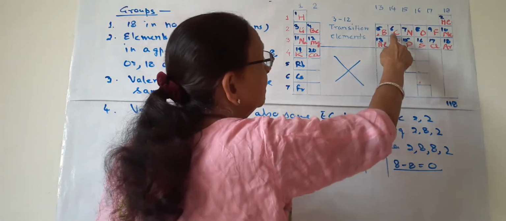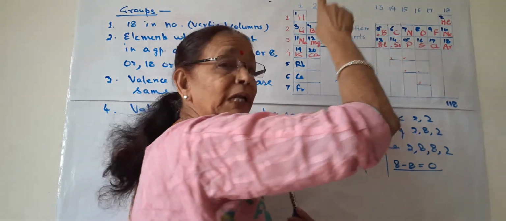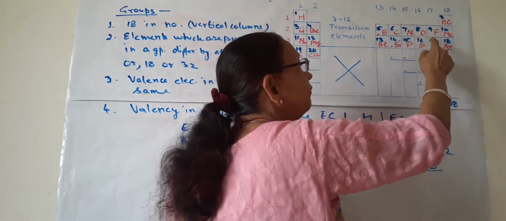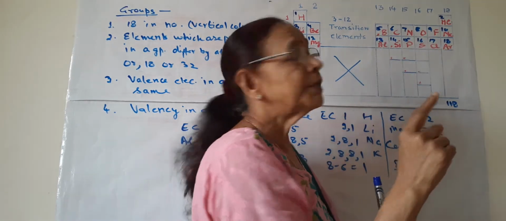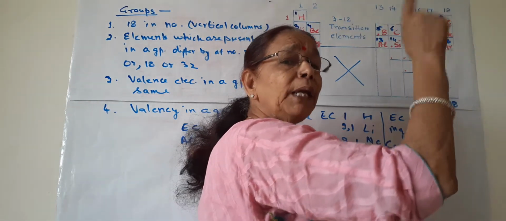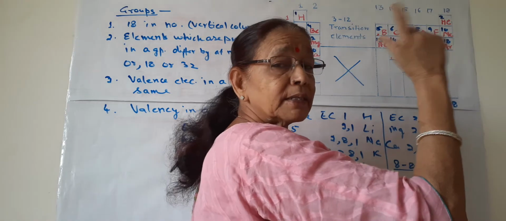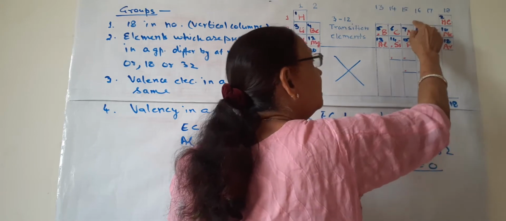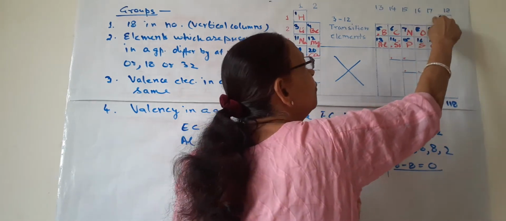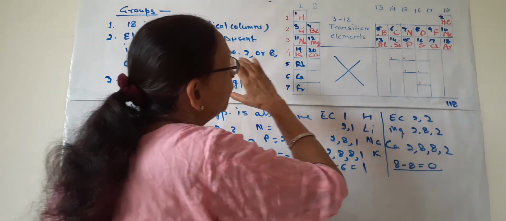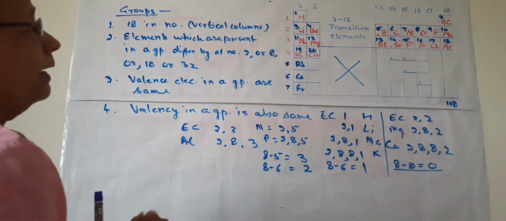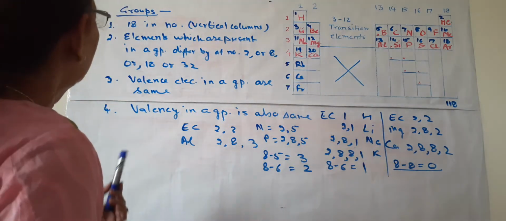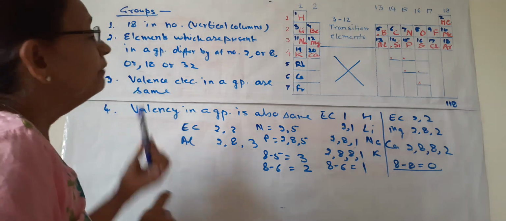Up to carbon, the valence electrons and valency are the same. But after carbon, for nitrogen, oxygen, fluorine, for a stable configuration we deduct: 8 minus 5, 8 minus 6, 8 minus 7 and 8 minus 8. So the valency is 3, 2, 1 and 0. This is how valencies are expressed in different groups. So this is about the valency and valence electrons.